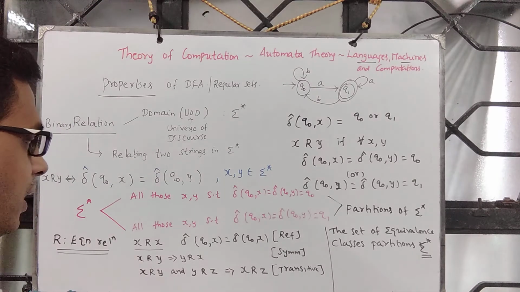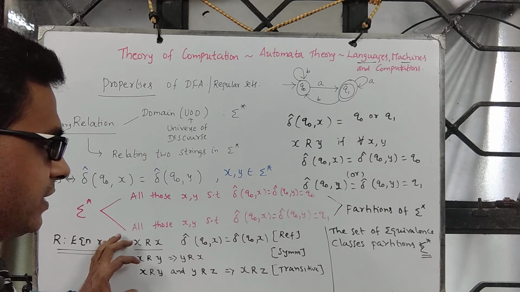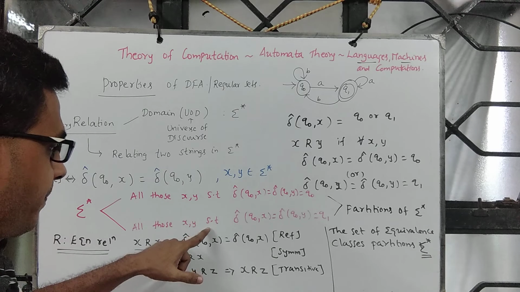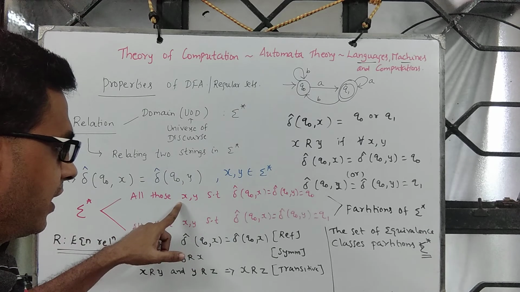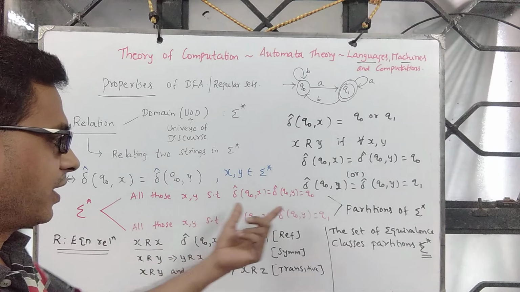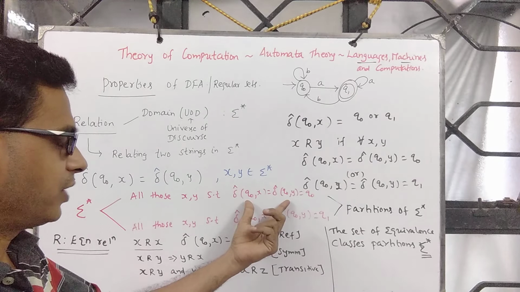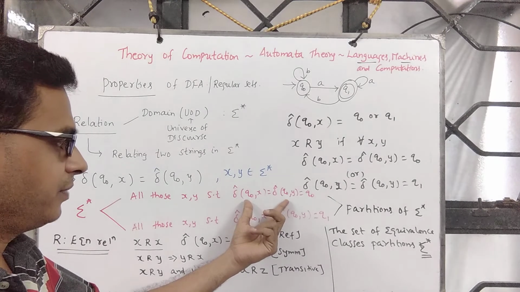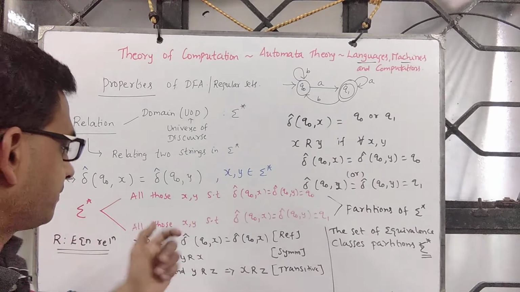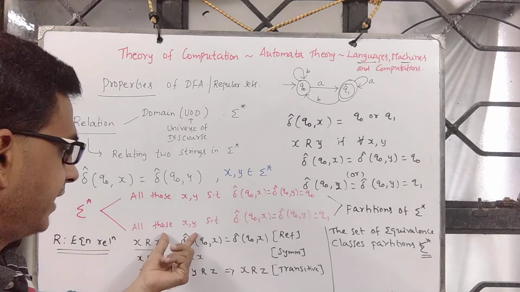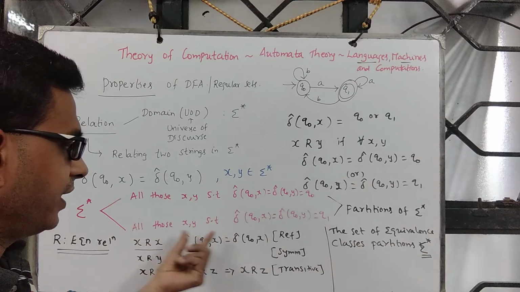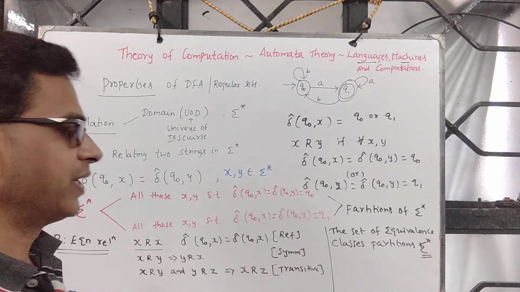Okay. Now, what are our equivalence classes? It is this and this. One says it is all those x, y such that if you look at the output state for both of them, it is q naught, and I am talking with respect to this example. And the next one says you find those x, y for which the output state is q1.